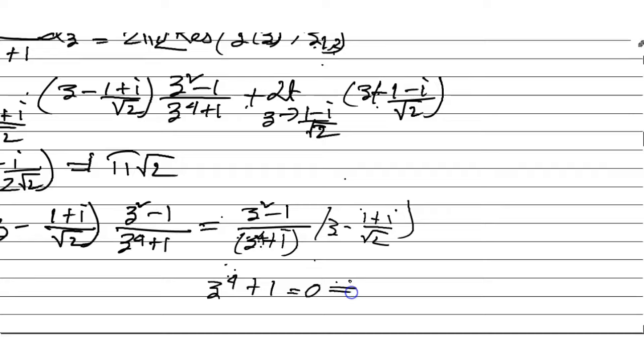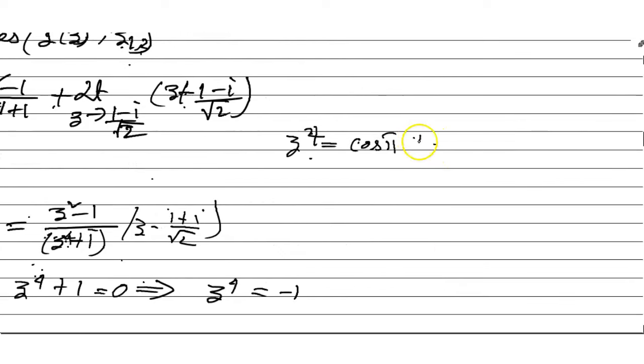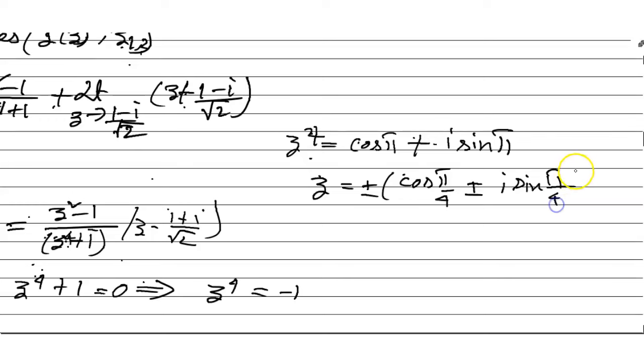That implies z to the power 4 equals minus 1, and minus 1 is equal to cos pi plus i sine pi, and z equals plus minus cos pi by 4 plus minus i sine pi by 4.